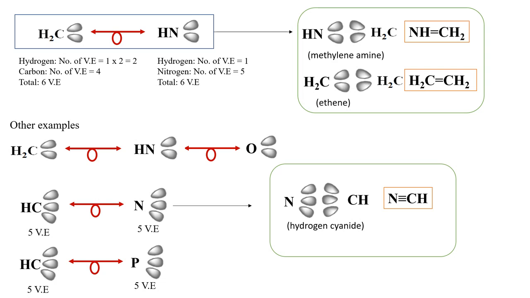That is, each of them has 3 frontier molecular orbitals with 3 electrons in them with similar shape and similar energy. They can club to form a stable molecule, which is hydrogen cyanide.